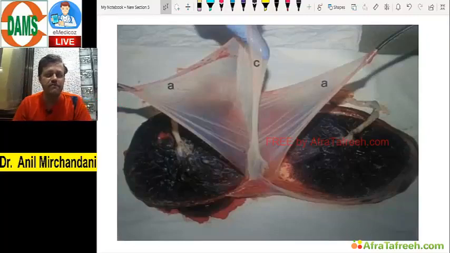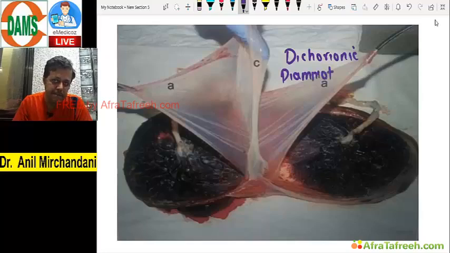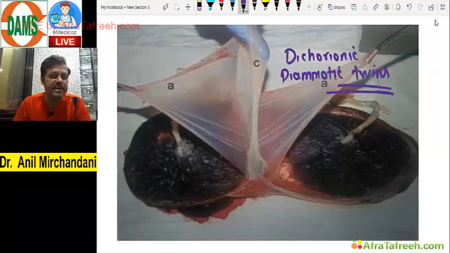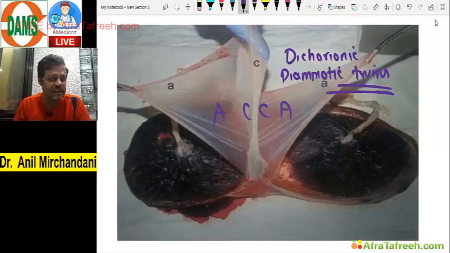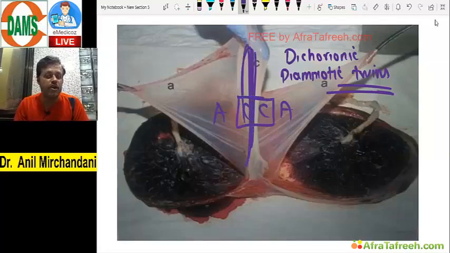Here is one photograph which is commonly asked in exam. This is the photograph of dichorionic diamniotic twin gestation, DCDA twin gestation. As you can see, there are three layers: A, C, C, A. So CC would be combined, and this is the chorionic layer.